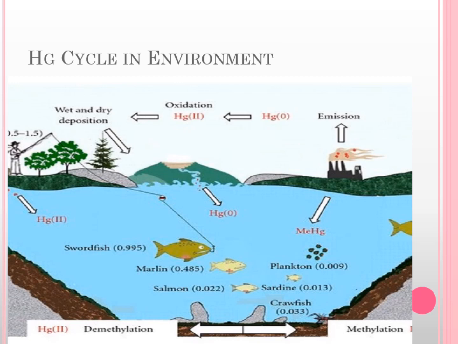This inorganic mercury, in the bodies of fishes and aquatic organisms, converts into the organic form that is more toxic, and that form is methyl mercury and dimethyl mercury. So this figure is basically the representation of the cycle of mercury in the food chain in the environmental segments.